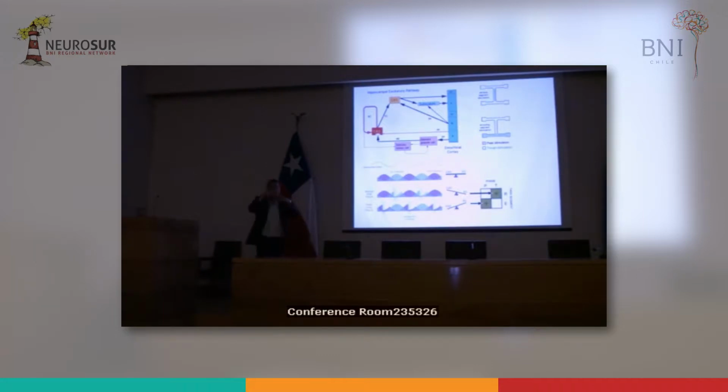CA3 is interesting because it has the strong auto-associative recurrent connectivity. And when you get to CA1, not only do you have convergence of two pathways, but these two pathways are both theta modulated, but they're also phase shifted. And that is, information from CA3 and the entorhinal cortex come in 180 degrees out of phase.